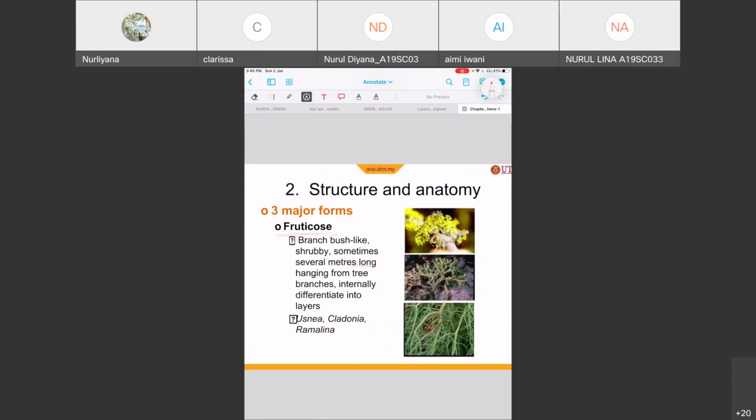Here it is elongated, making it shrubby and bushy, so it looks a bit like grass. They look like tree branches, and they can obviously be differentiated into multiple layers compared to the foliose. Examples of fruticose are Usnea, Cladonia, and Ramalina.